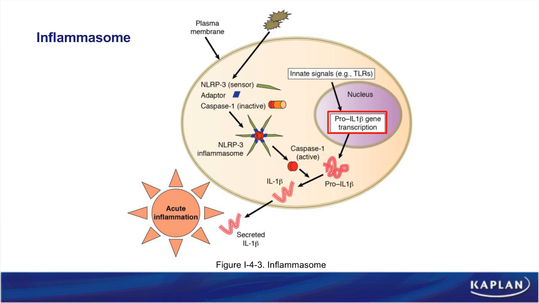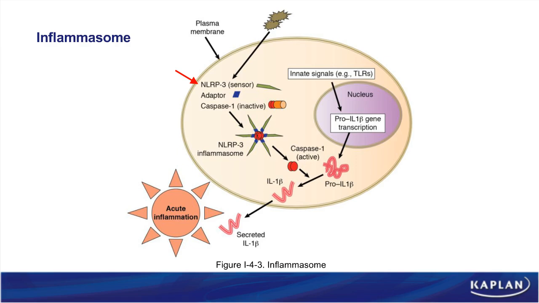So that's going to take the other part of this process, which is actually where we form our inflammasome. If we have the presence of a pathogen or, like I said, an external stressor, that is going to act on one of the NOD-like receptors, that NLRP3. Upon being activated, it is going to interact with an adaptor protein and an inactive form of caspase-1.